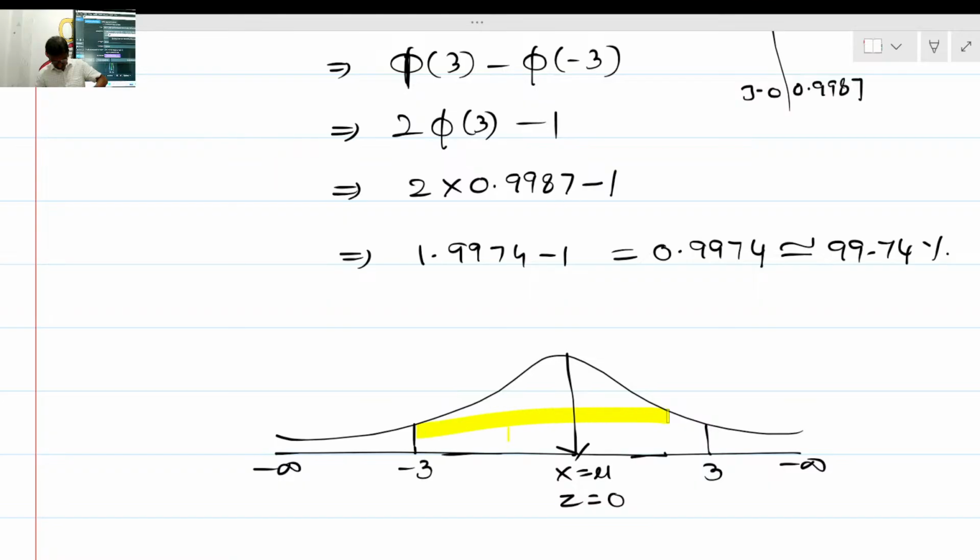Now, the area under the curve, along the abscissa between the ordinates z equal to minus 3 and z equal to plus 3, is 0.9974. The outside area is very important.